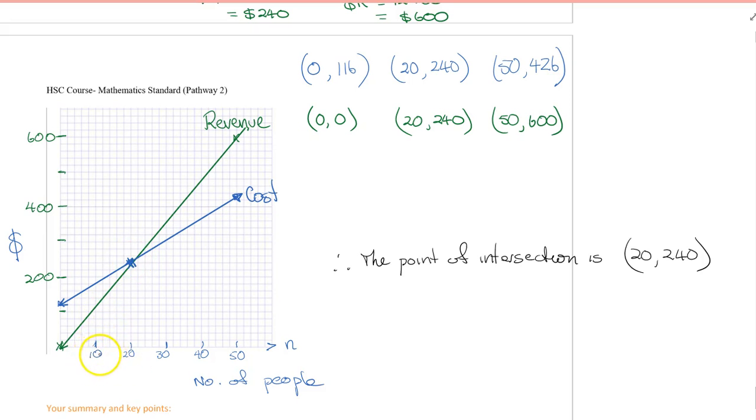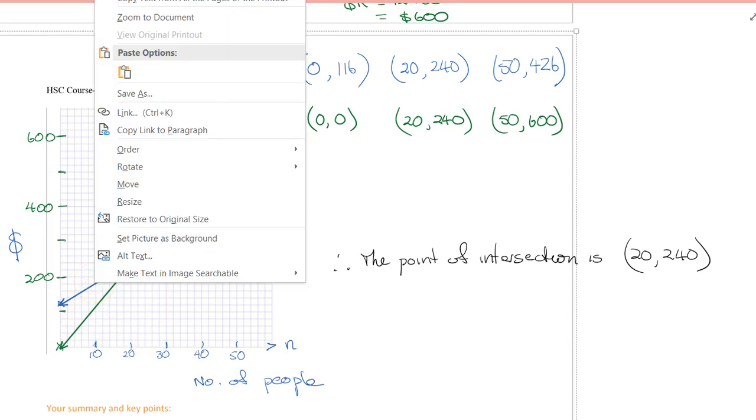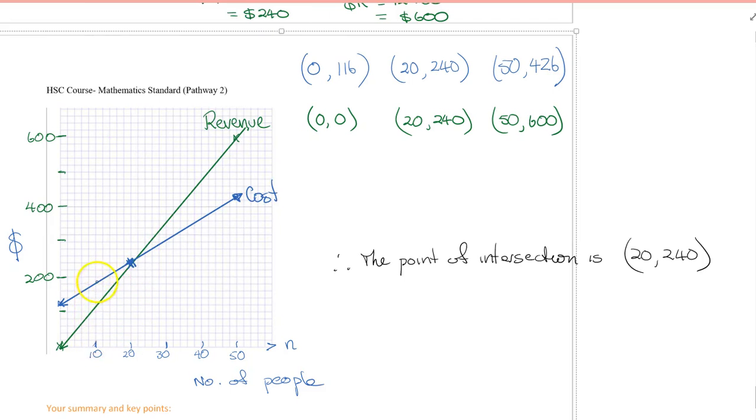If you have less than 20 people coming to the afternoon tea, 10 people for example, you can see the cost at 10 is higher than the revenue. So the costs are greater than the money coming in. It means you're going to have a loss. You're going to have to pay more than what you're getting.